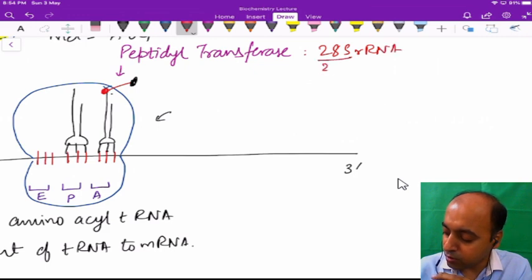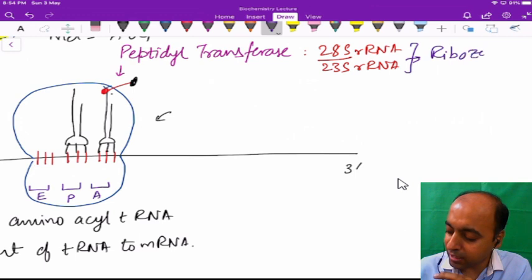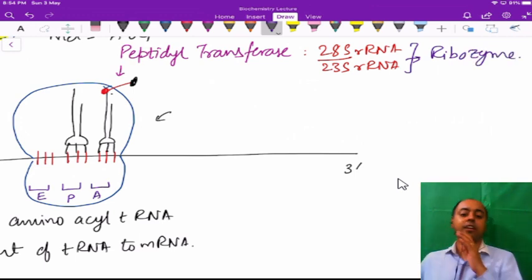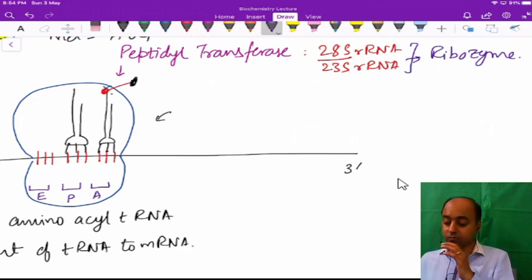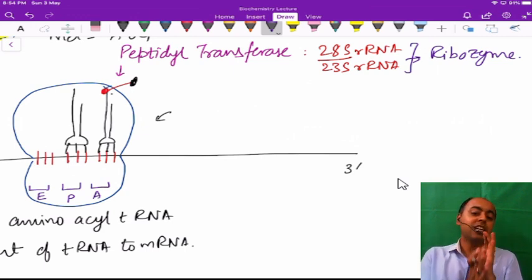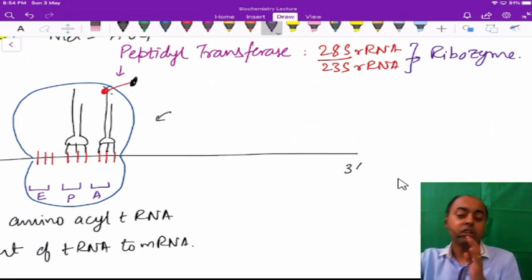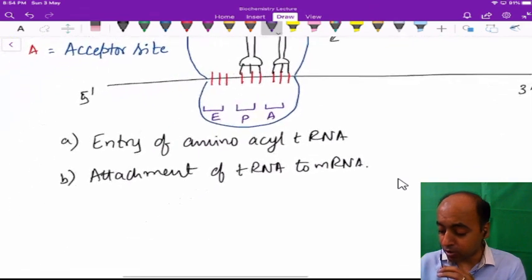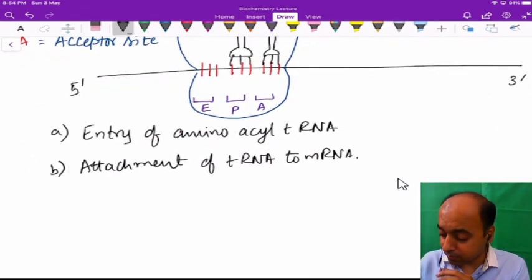In prokaryotes it will be the 23S ribosomal RNA, and they are known as ribozyme because they have catalytic activity. RNA with catalytic activity is known as ribozyme. We had mentioned this when we were doing the enzymes. So peptidyl transferase will facilitate the bond formation, and whatever pre-existing amino acid is there, whether it is a single amino acid or a peptide chain, will be transferred to the new amino acid. So that's step 3.